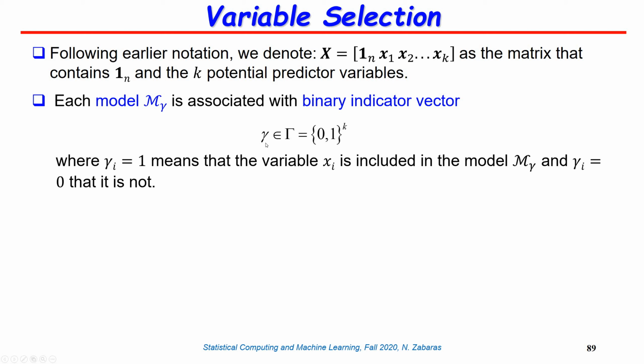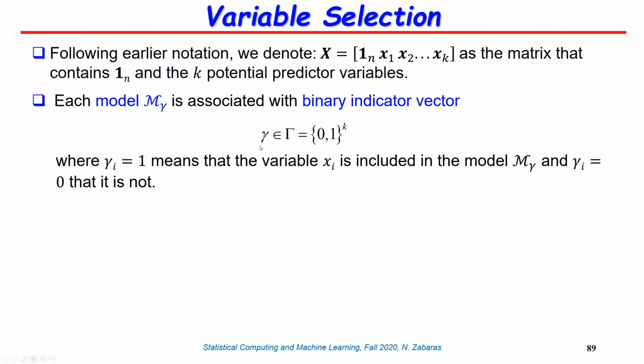So for example, you can think of this gamma vector being, let's say, 0, 1, 0, 0, 0, 0, 0. That means that only the second input variable is being included. Of course, you can have a model that is 1, 1, 0, 1, 1, and the remaining 0. So that means that the first variable, the second, the fourth, and the fifth are being included in the model.